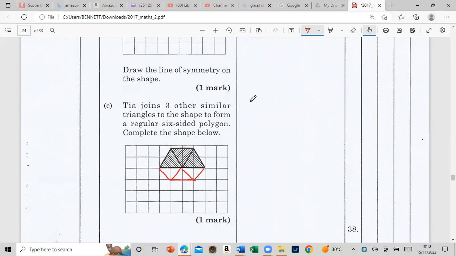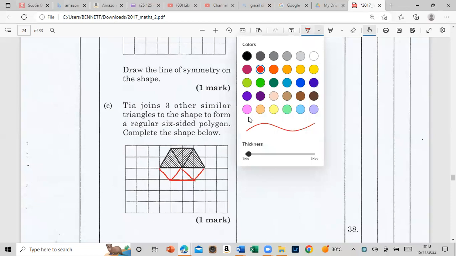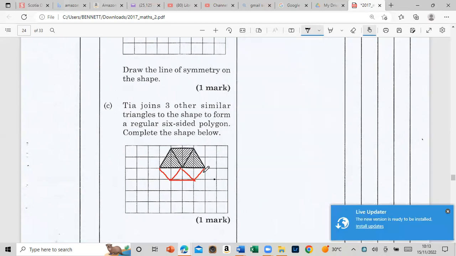Should put it in black though, make it look more clear. But it should be two lines.